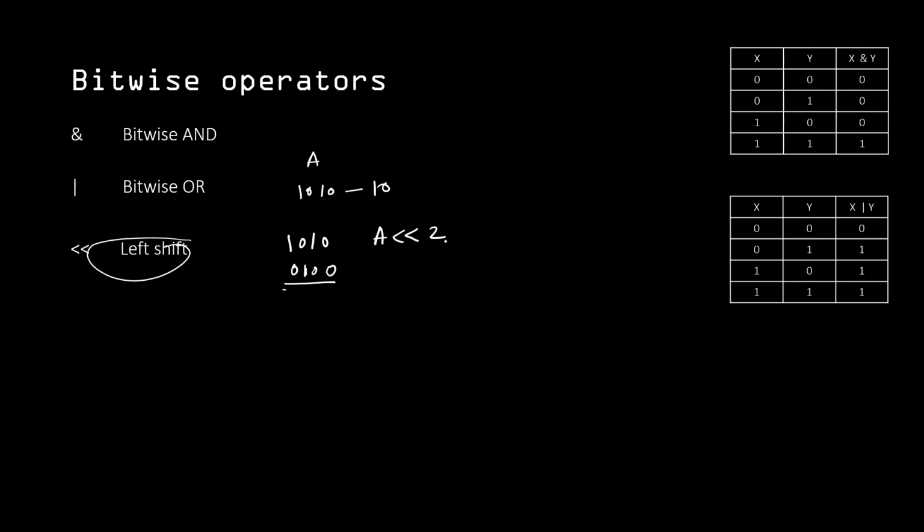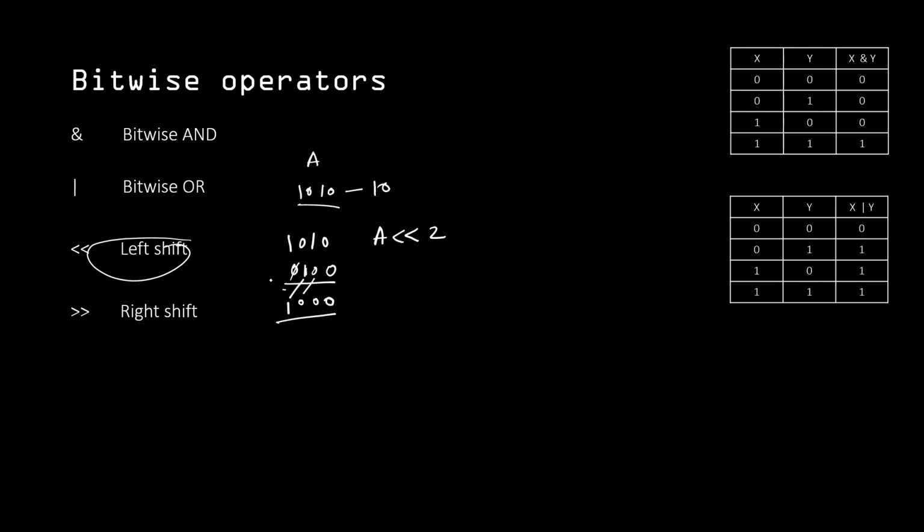Now we are doing it 2 times, so next time this 0 will be shifted here, this will be shifted here, and this 1 will be shifted here, and we are going to discard this bit and restore a 0 bit to fill that position. So now we have successfully shifted this number 2 times to the left. This is how our left shift works. We are going to use it for 8-bit comparison, and we are discussing this topic to give you a clear idea.